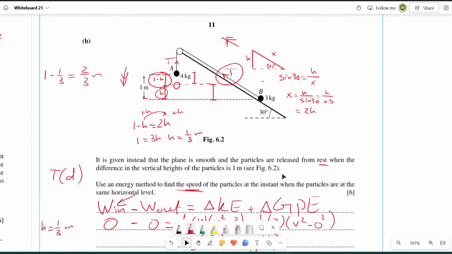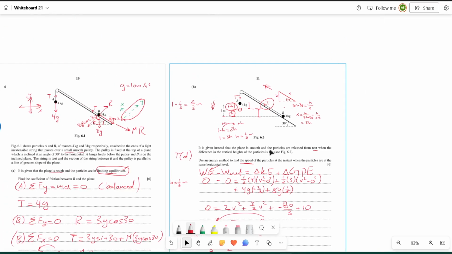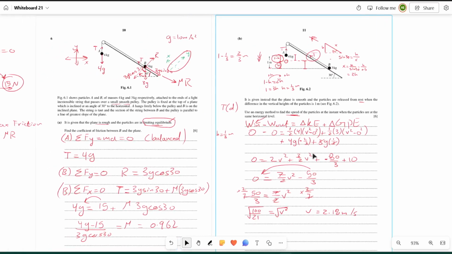If we chose both particles, so a different system for A and a separate system for B, we will have tension in both equations, and then we will have to solve both equations simultaneously. It's going to give you the same correct answer at the end, however it's just more steps, so it could be unnecessary.